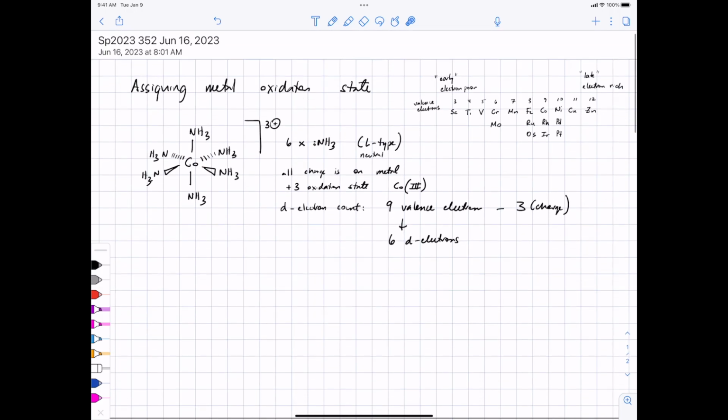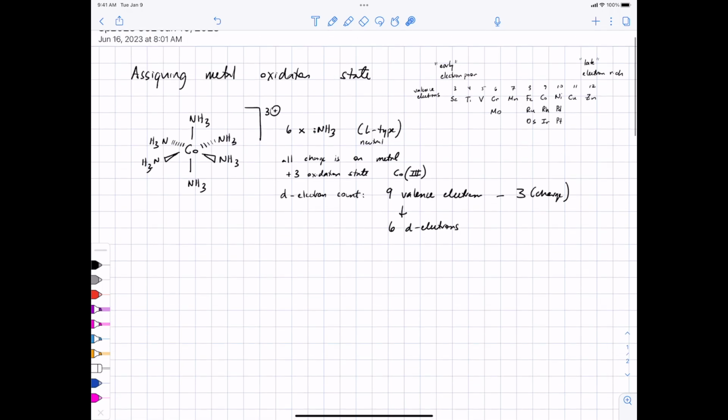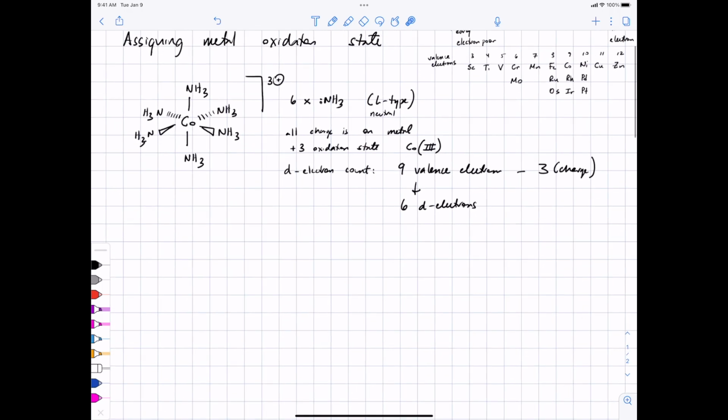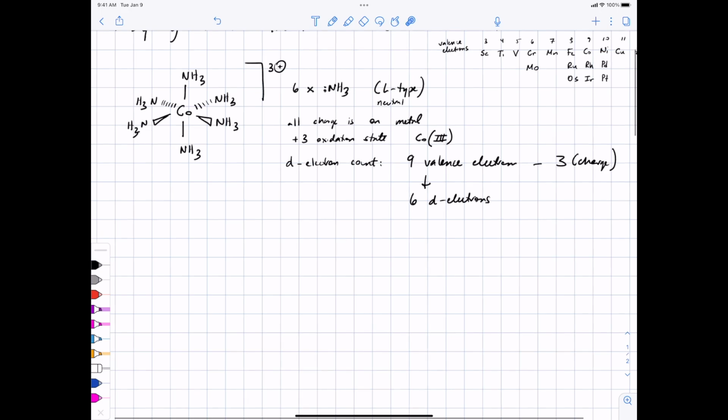We won't do that in this class, but it can also be useful in figuring out whether there's space for more things to be attached to the metal. And then, so the two things you need to know how to do are assign oxidation state for a metal and figure out how many d electrons are on the metal. Another interesting feature is the overall electron count.